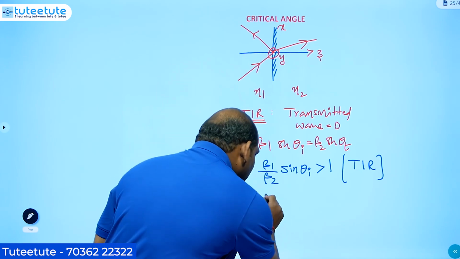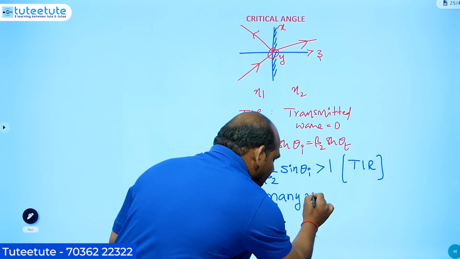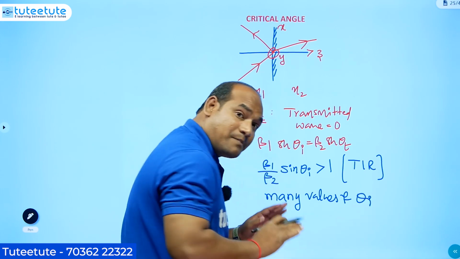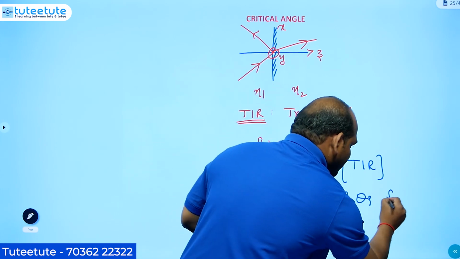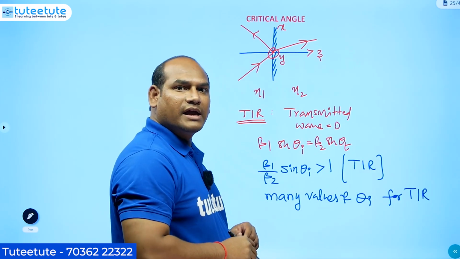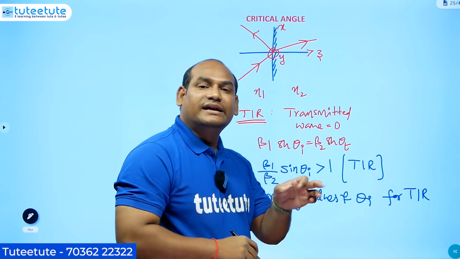Many values of theta I are possible for getting total internal reflection. But what is the starting angle? That is called critical angle.